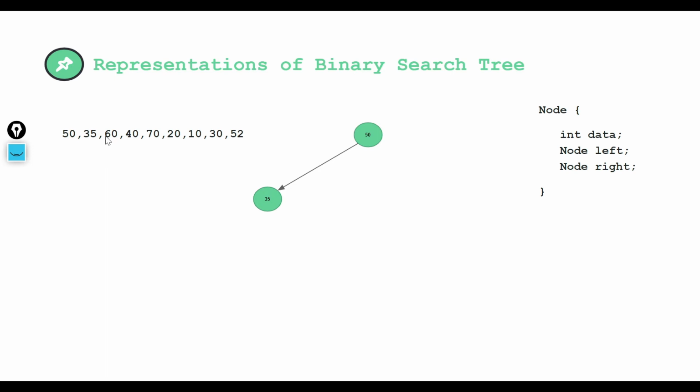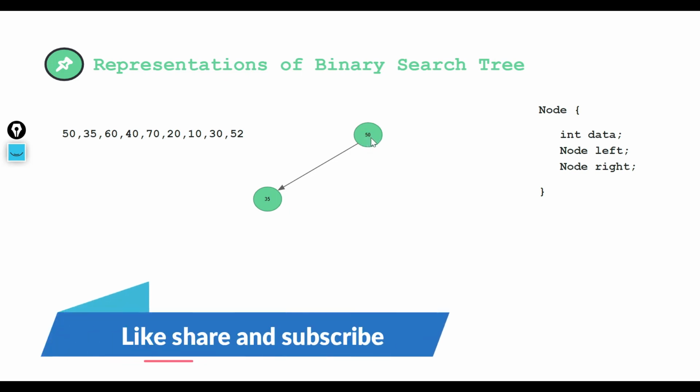Now the next element we have is 60, so we'll compare 60 with the root node first. If it is greater than, it will go to the right hand side, else it will go to the left hand side. 60 is greater than the root node, which is 50, so definitely it will go to the right hand side of the root node.